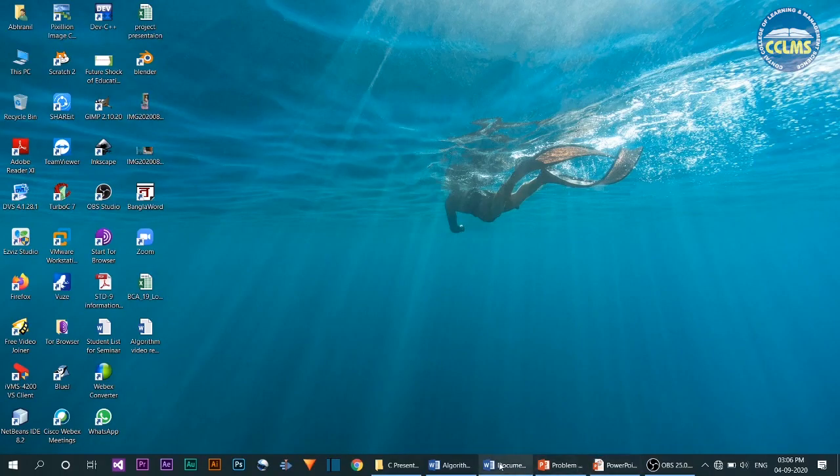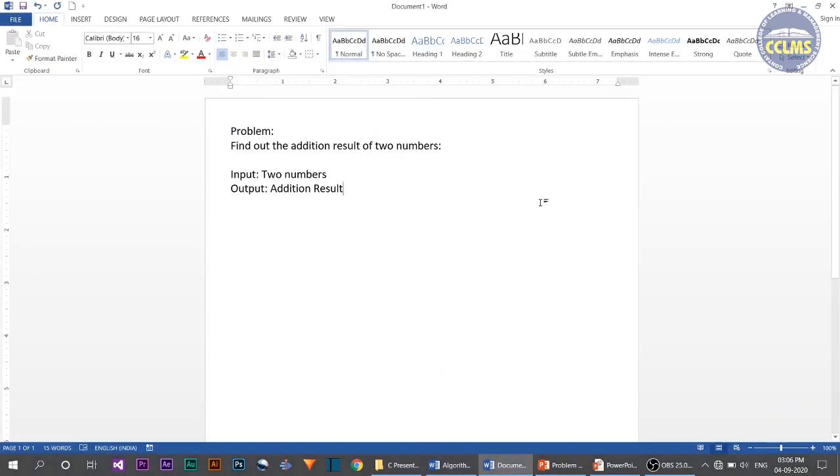For the two numbers, I am giving the names, suppose X and Y. And the output will be Z. So the names for the inputs are X and Y and the output will be Z.